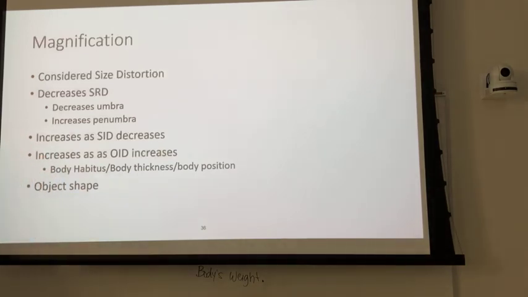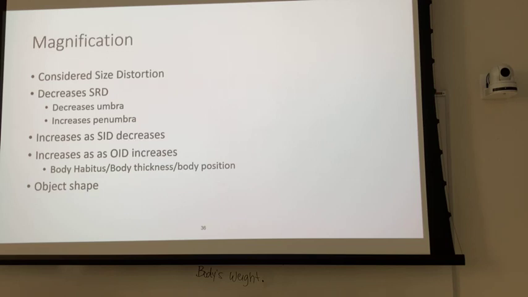So we lose sharpness of recorded detail, spatial resolution, with an increase in magnification. Increase in magnification, regardless of whether it is because of an increase in OID or a decrease in SID. It doesn't really matter which one we go with. Both of them increase magnification. SID more so than what OID does.